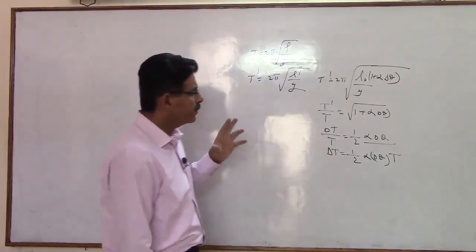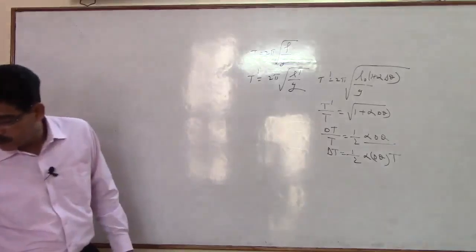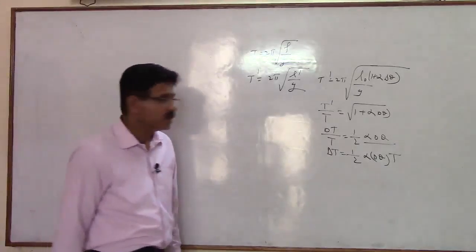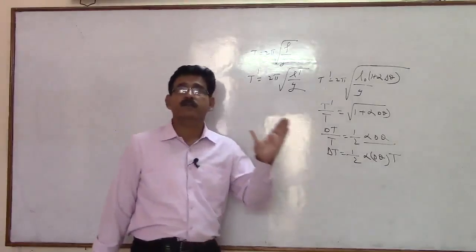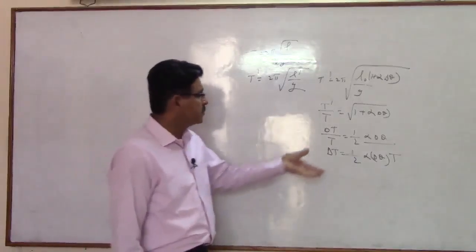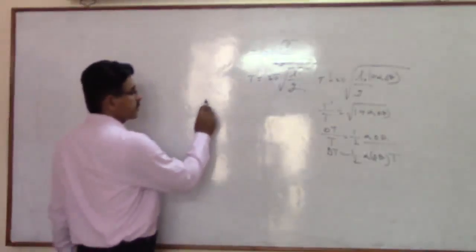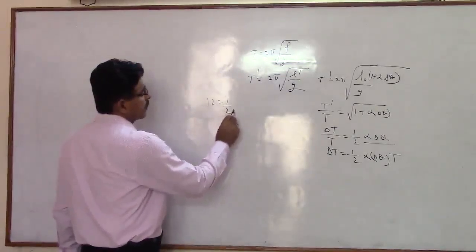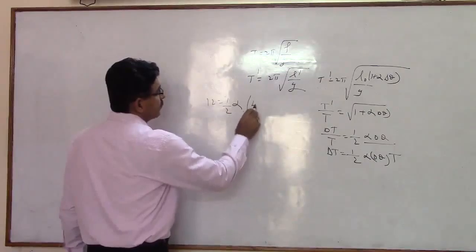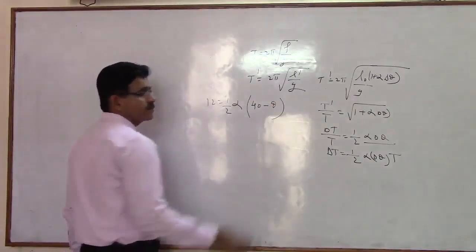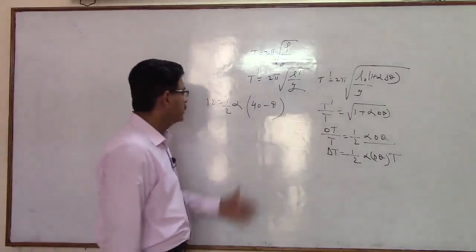Now he has told you that the temperature is 40 degrees Celsius, and the calibrated temperature, let us say, was theta. You have lost 12 seconds. So you say 12 seconds is equal to 1 by 2 alpha, and 40 is the temperature, and the calibrated value of temperature was theta, for which it was designed.